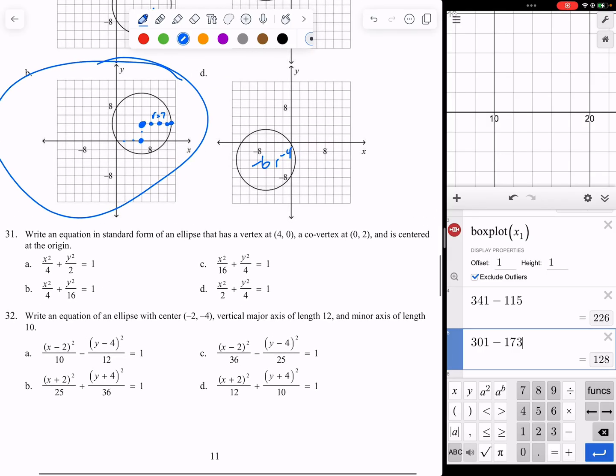All right, an ellipse, we're going to add. So 4, 0. So that's (x minus 4) plus y squared. Vertex at 4, 0 and a co-vertex at 0, 2.